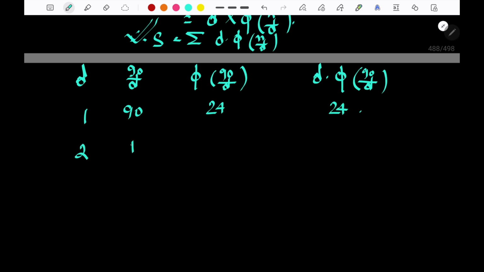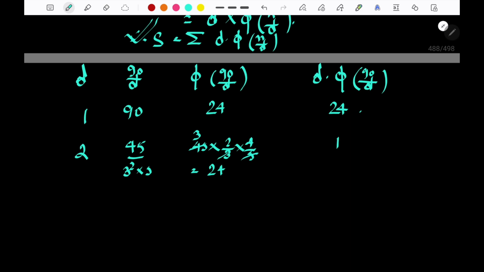Now divisor 2, so 90 by d is 45, so phi of 45 can be written with 3 square into 5. So phi of 45 will be 45 into 1 minus 1 by 3, that is 2 by 3, and 4 by 5. So basically it is 24 again.